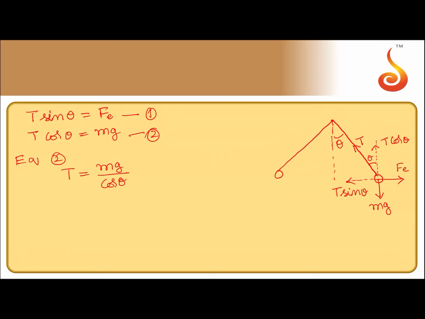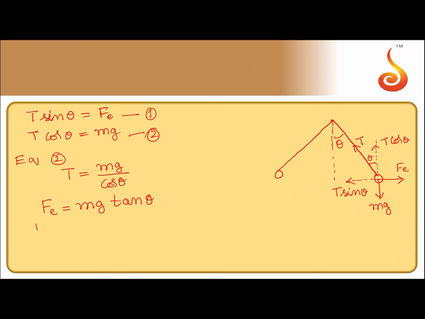So, we can substitute this in equation 1 to eliminate T. What we get is Fe is equal to mg tan theta. Or else you can divide 1 by 2, you will get tan theta is equal to Fe by mg. So, Fe is equal to mg tan theta.